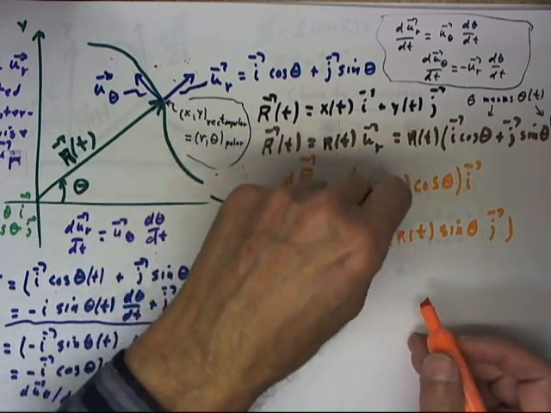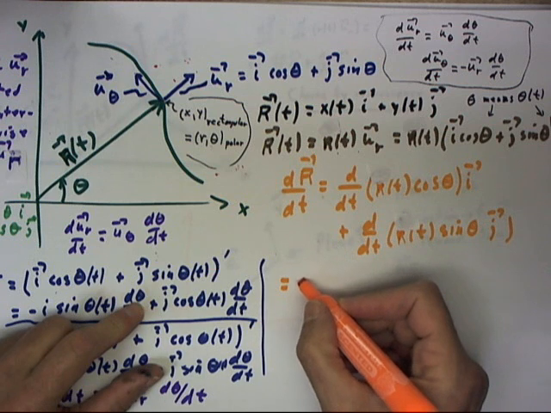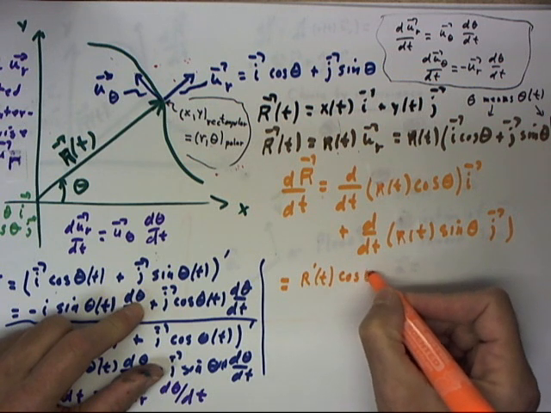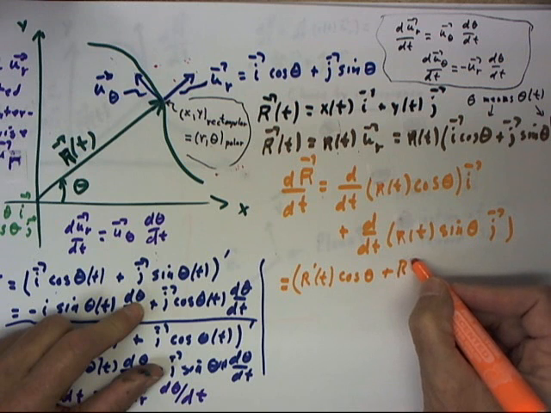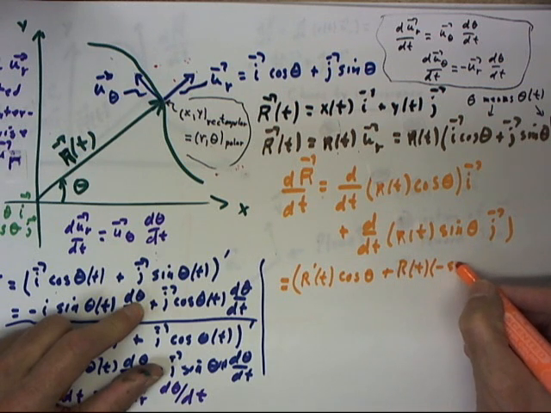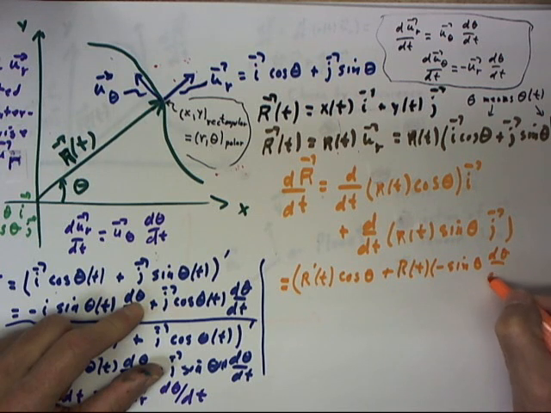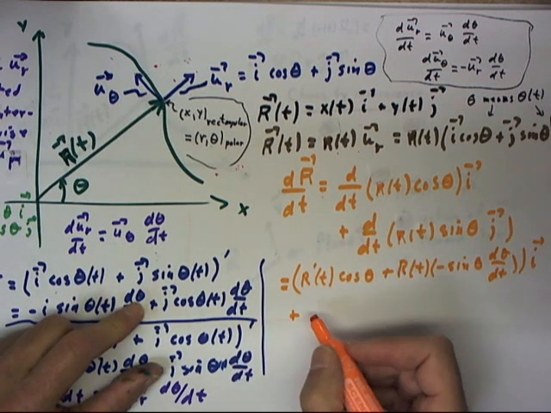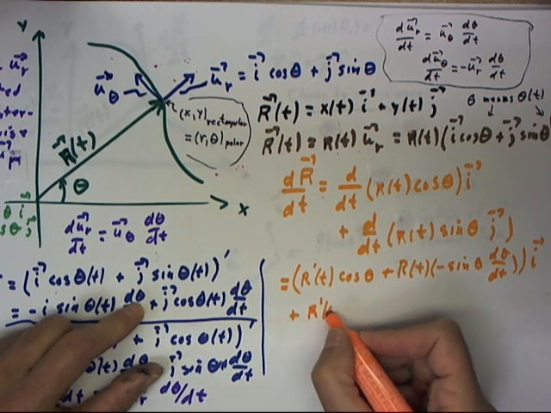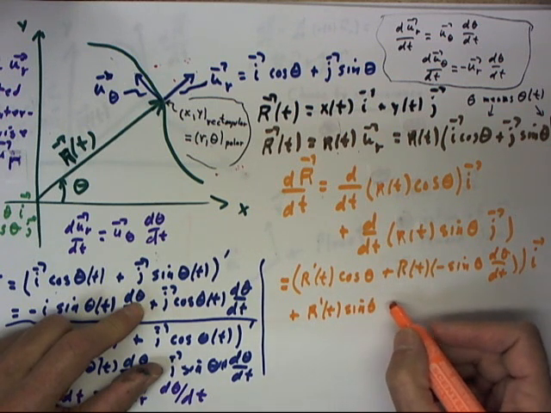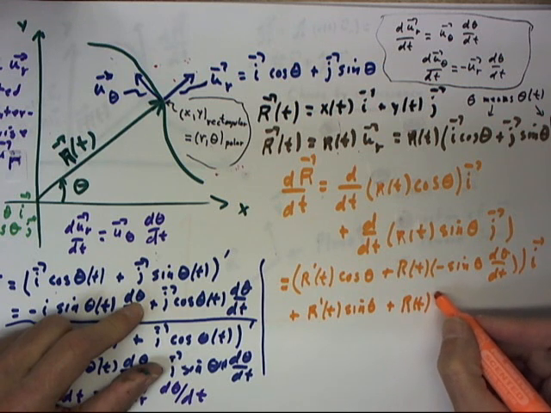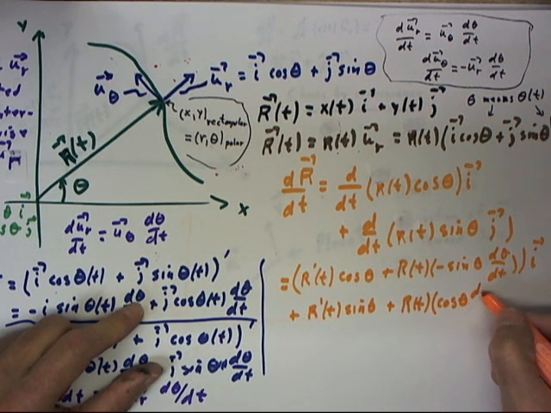And that comes out, well, the derivative of the i component is, by the product rule, going to be r prime of t times cosine theta plus r of t times negative sine theta d theta dt times i, and then we have plus a very similar expression, r prime of t sine theta plus r of t cosine theta d theta dt times j.